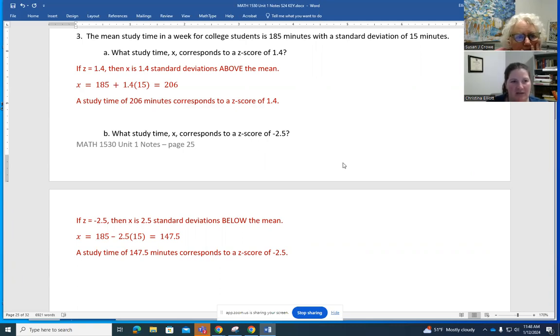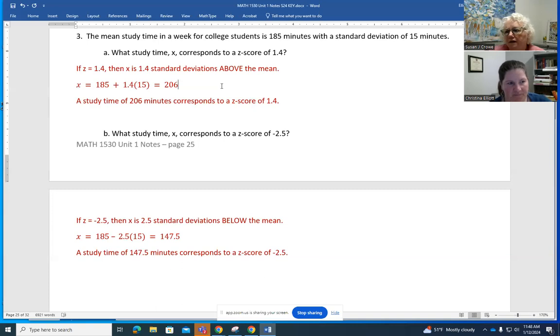What study time X corresponds to a z-score of 1.4? If z equals 1.4, then X is 1.4 standard deviations above the mean. I take my mean, 185, and add 1.4 times the standard deviation of 15. That gives me 206. So a study time of 206 minutes corresponds to a z-score of 1.4.